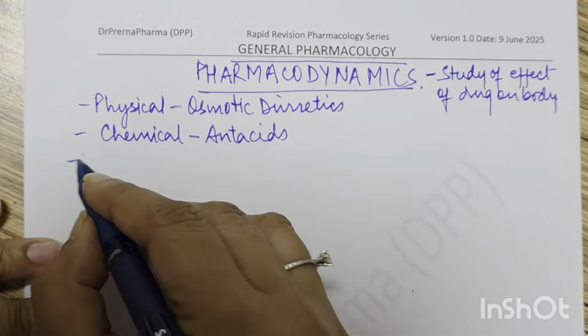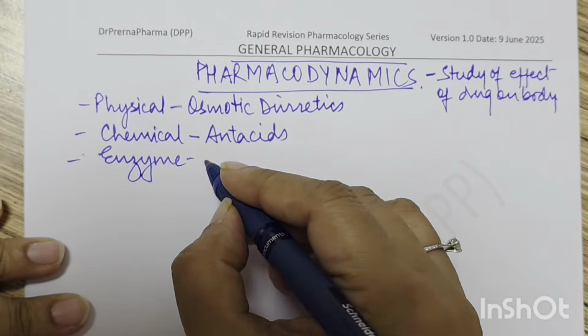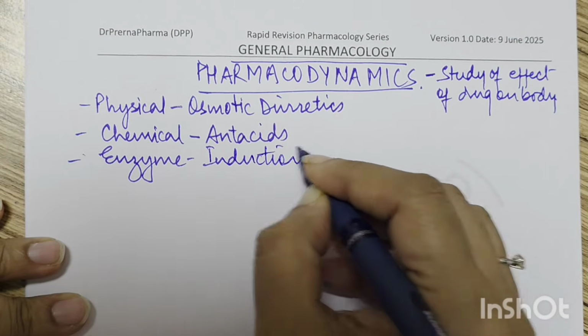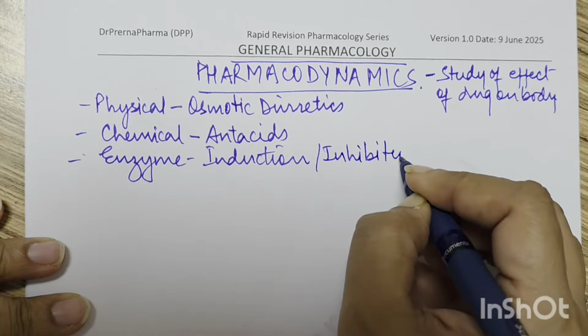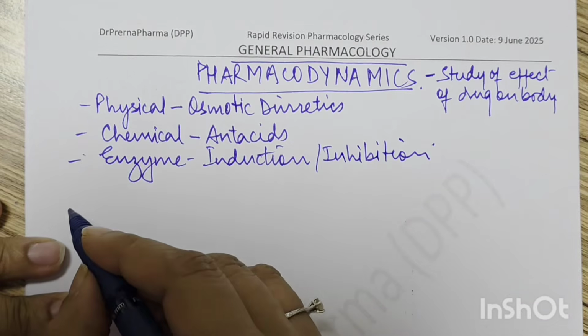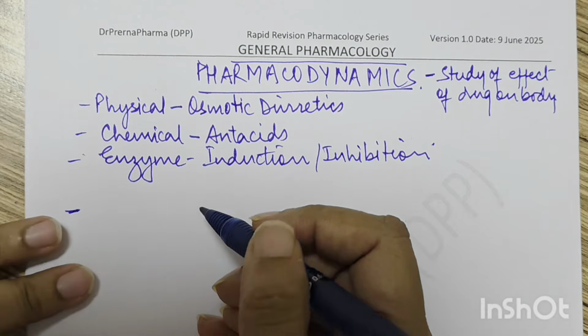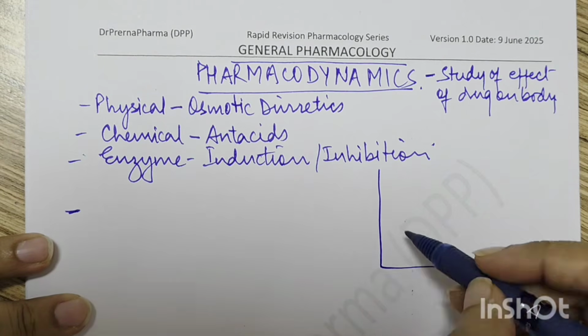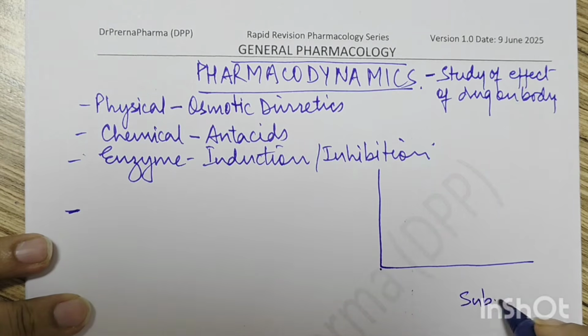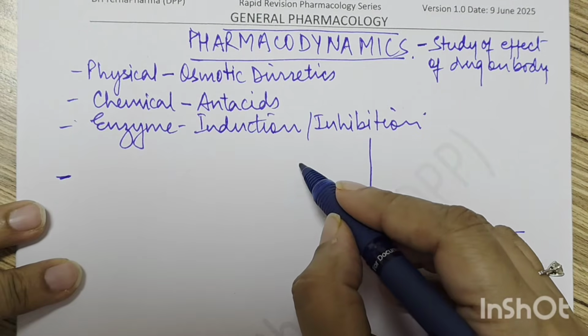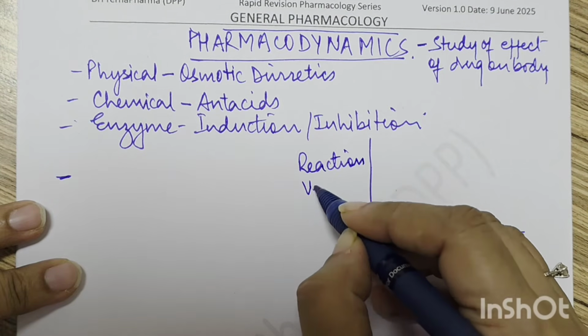by enzymes, by stimulation, that is enzyme induction or enzyme inhibition, right? Now let's study about enzyme inhibition. एक इसमें ग्राफ था जो मैं आपको कराना भी चाहती थी, तो इस तरीके से ग्राफ आपकी बुक्स में भी होगा, that this is substrate concentration and this is reaction velocity, right?